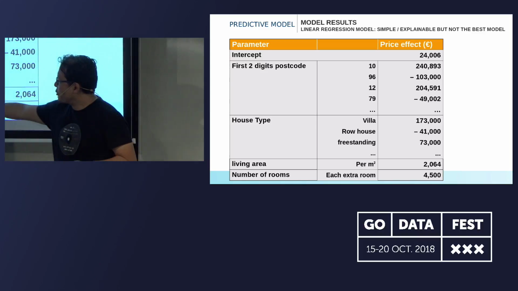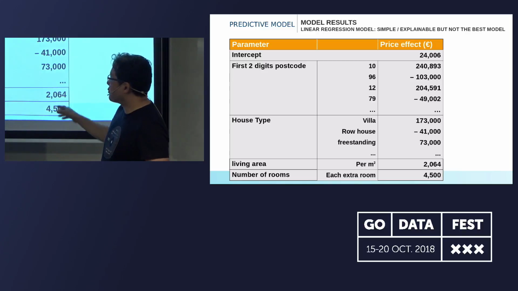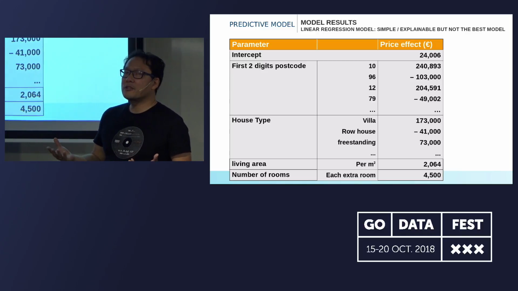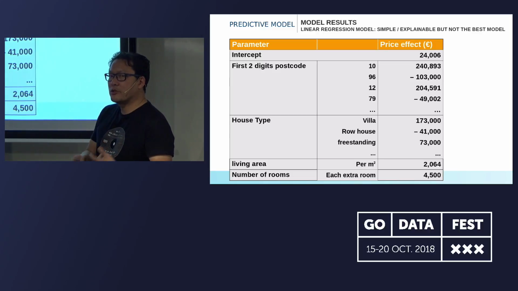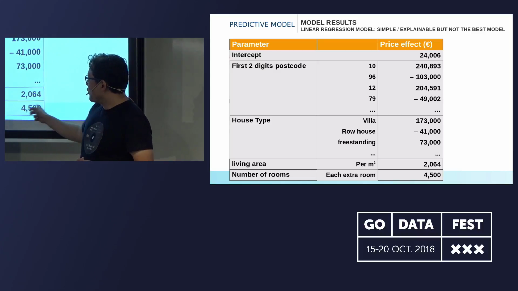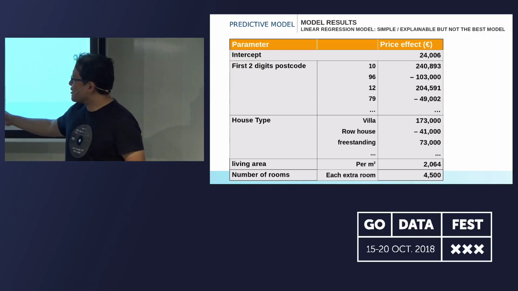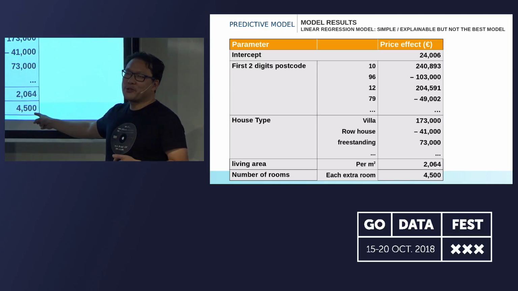And then this is an important parameter, the price per square meter. If you have, let's say, 100 square meters, then at 2,000 euros per square meter, it's 200,000 euros on top of that. And then a small extra: each additional room will get you 4,500 euros.